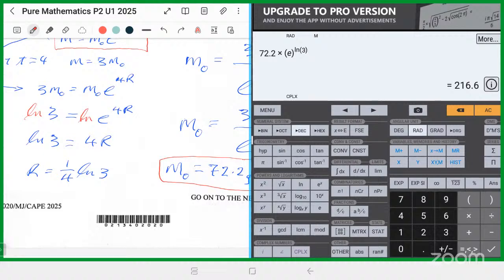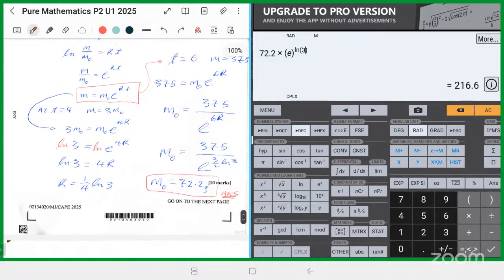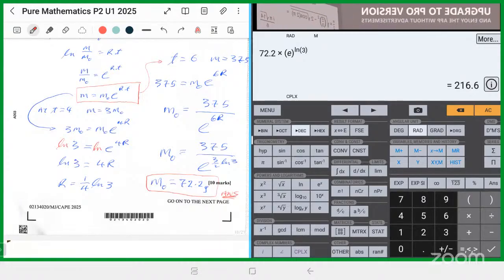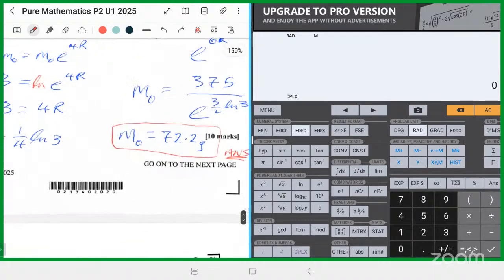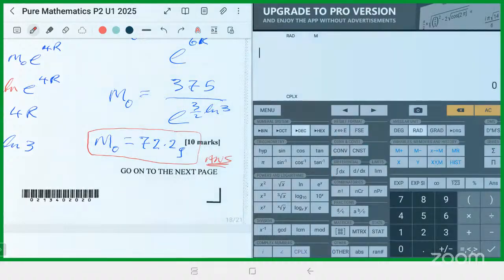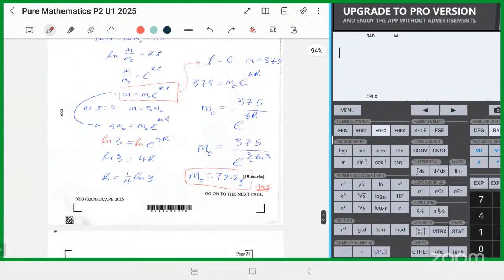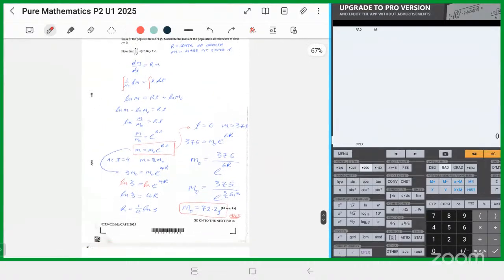Let's try t equals 6 in this same formula and see if we get the 375, working backwards. So it works. So confidently, yes, that's correct. Take your time with this system, and with a nice system, then full marks for that.